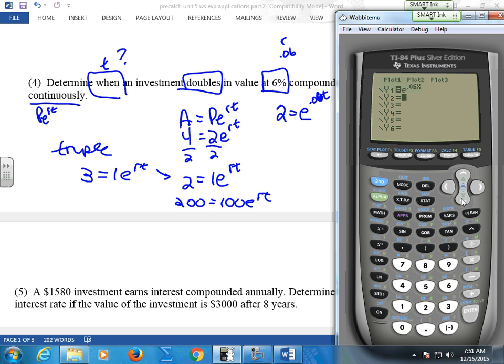If I use 1 in Y1, 2. So let's go back to a zoom 6. And let's reset our Y mins. We're always going to start at the zeros. Let's see what this looks like.